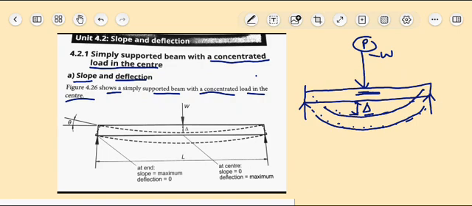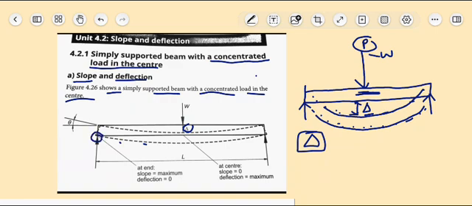As you can see, theta is represented there, so it will bend. At the end you must check: the slope is at the maximum. The slope here at the middle is equal to 0.